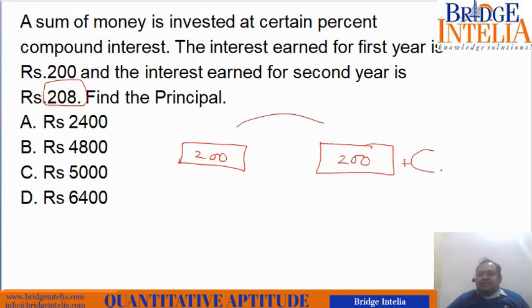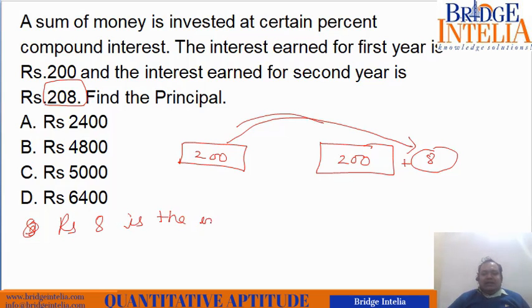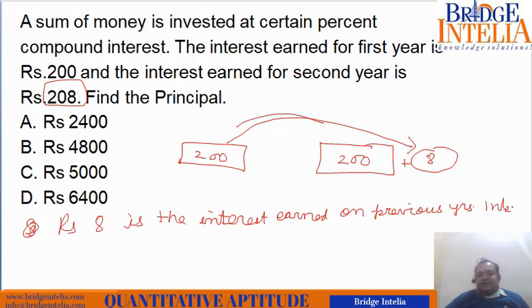So this 8 rupees that you are earning extra is because you have got interest on last year's interest. So you can say 8 rupees is the interest earned on previous year's interest.